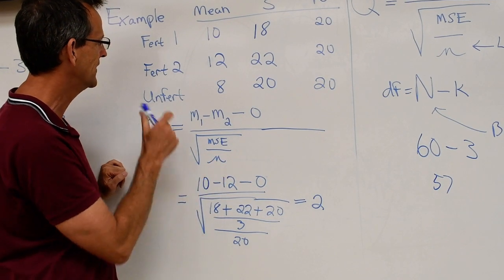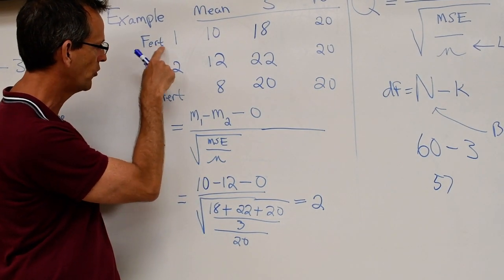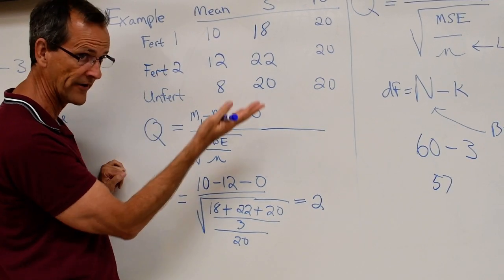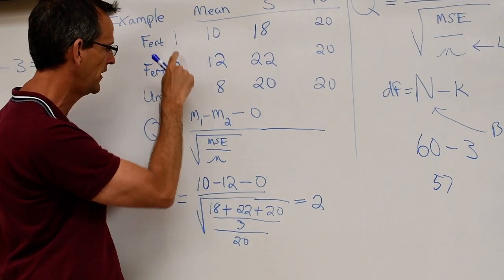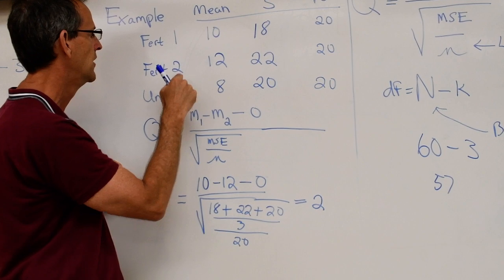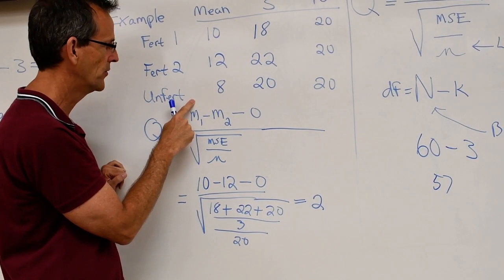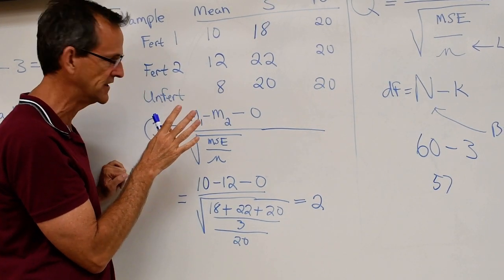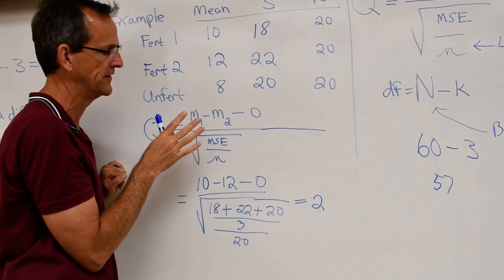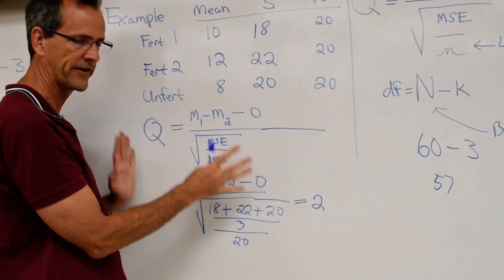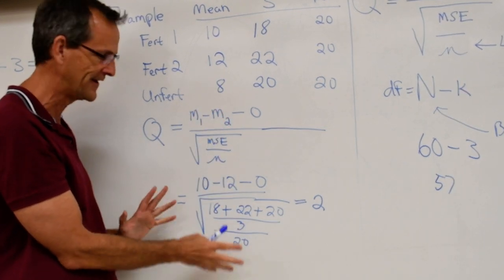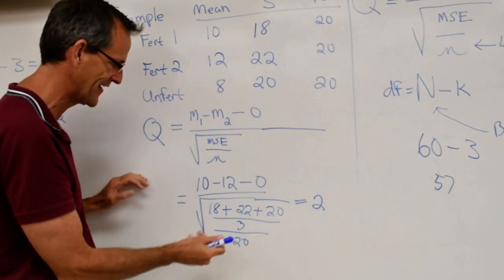So we're comparing group 1 to group 2, but later on we're going to compare group 1 to the unfertilized group, and group 2 to the unfertilized group. So that's 3 different comparisons. We're making all those comparisons. I'm just going to show the calculation for one of them because you can do the other ones on your own, I suppose.